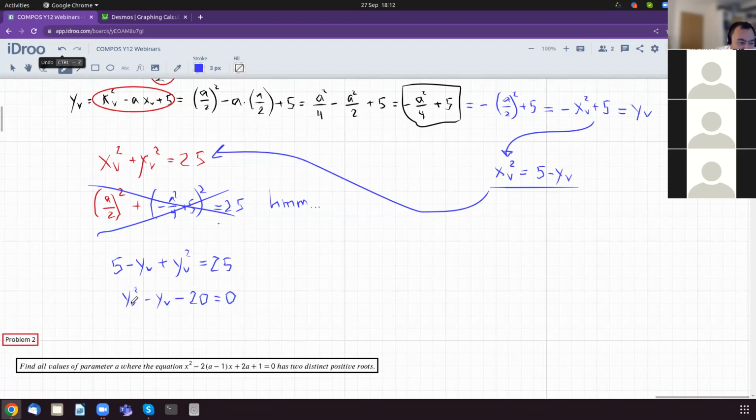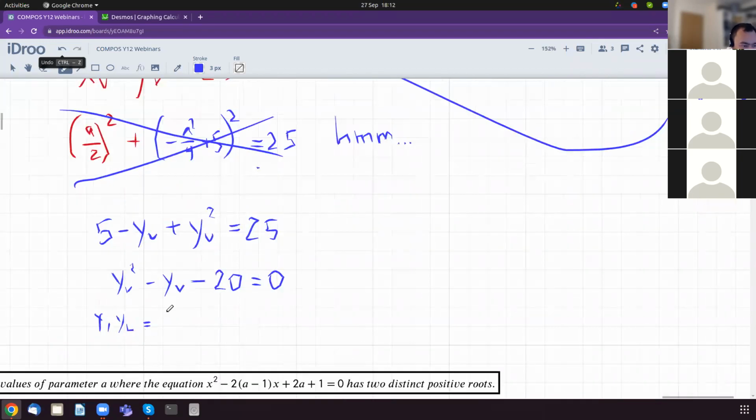So using Vieta's formula here, y1 times y2 is equal to minus 20, y1 plus y2 is equal to 1. So two numbers add to 1, multiply to minus 20. That's y vertex is either 5 or y vertex is minus 4.